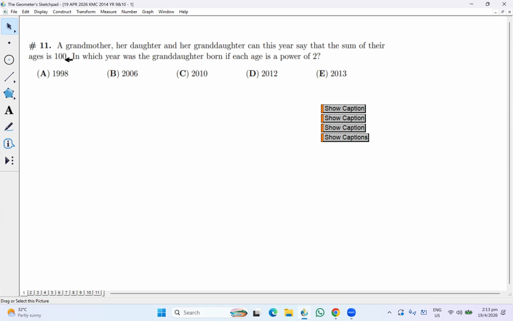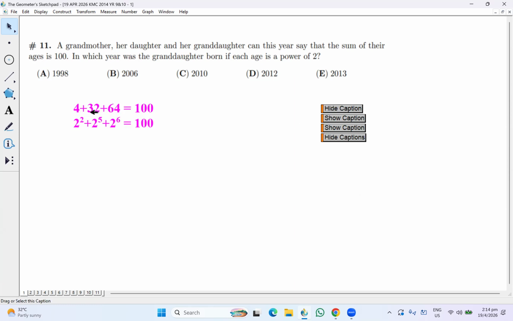In which year was the granddaughter born if each age is a power of 2? The grandmother's age, daughter's age, and granddaughter's age are all powers of 2. So we look at the sum to be 100 and choose only those powers of 2.